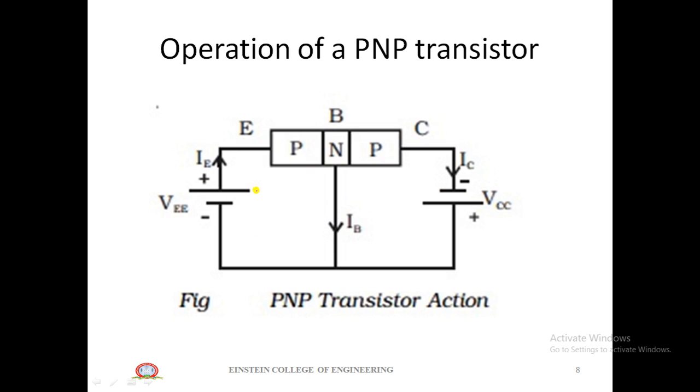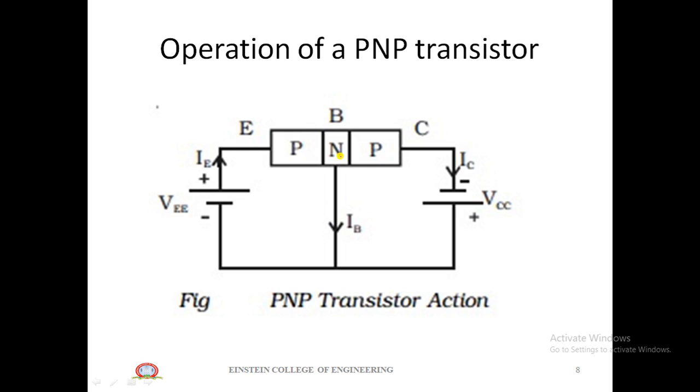So when forward biased, the holes in the P-type layer will diffuse to the base region and it contributes the emitter current. And the holes and electrons recombine and it gives the base current.